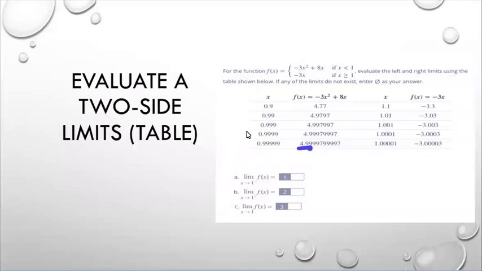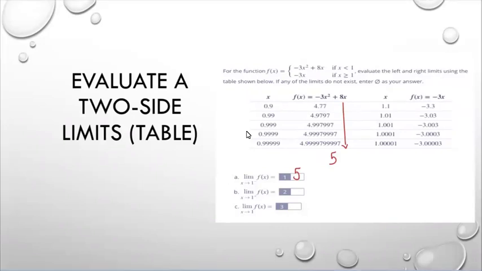This 4.9 here is telling me that these values are approaching 5, because we start at 4.7 and we are now at 4.9. So the decimal part is getting bigger and bigger. So this approaches 5, and that is the value for the limit of the function as x approaches 1 from the left.